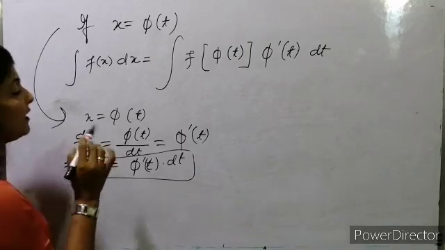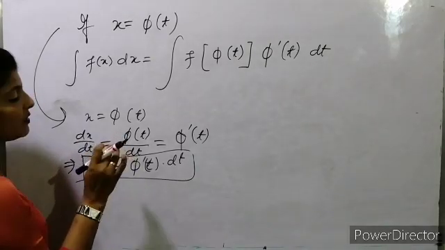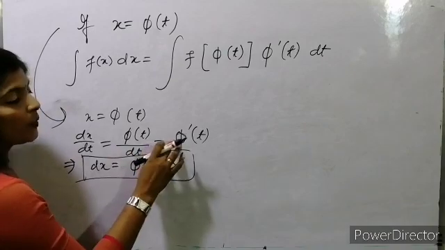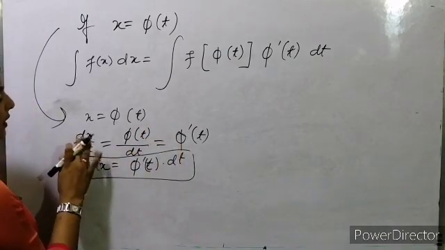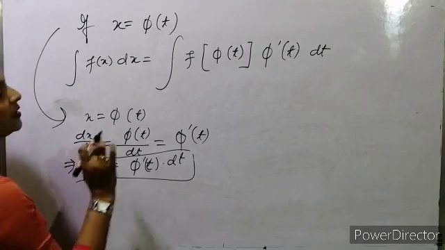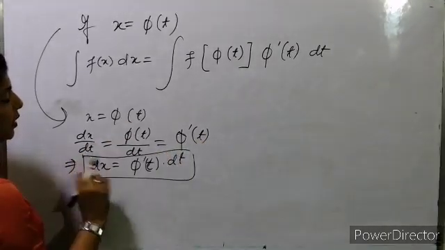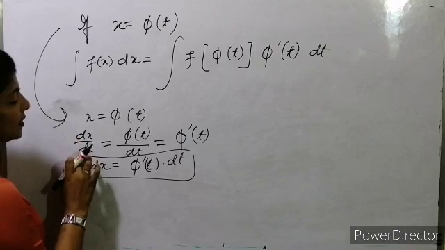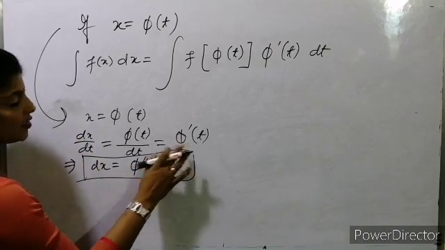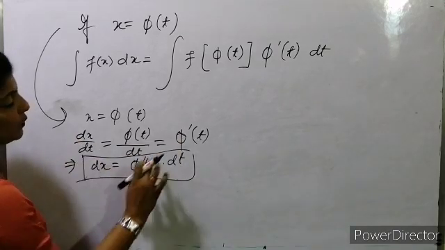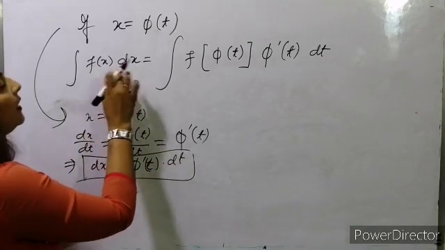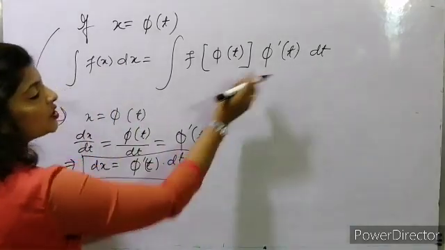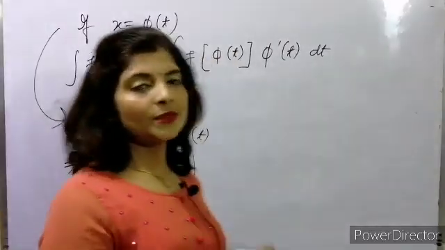So the derivative of phi t with respect to t will be equal to phi dash t. So dx upon dt will be equal to phi dash t, so dx will be equal to phi dash t into dt. So what we are doing here, यहाँ पे dx की जगह we are putting phi dash t dt. Okay. So this is the substitution method.